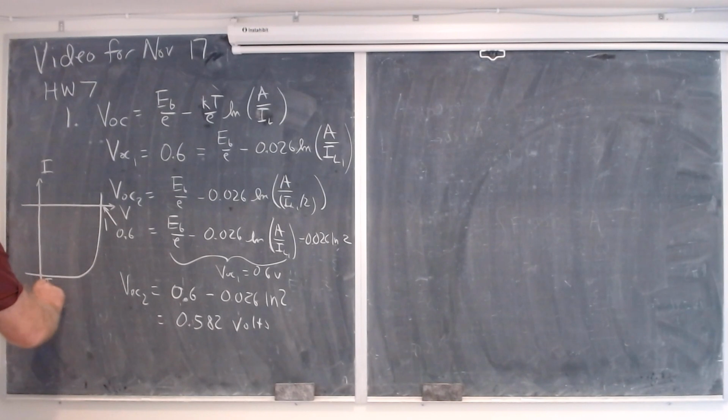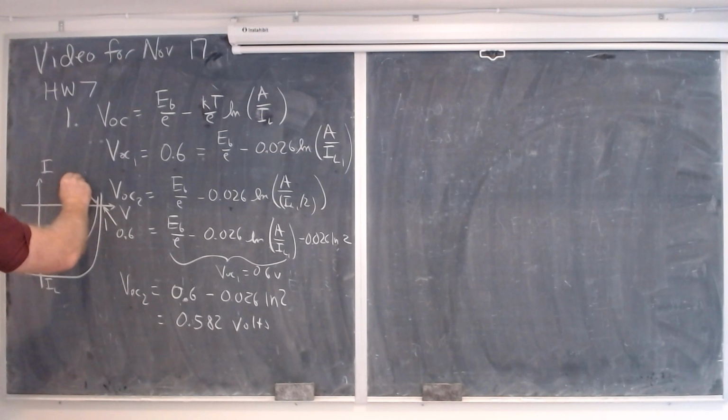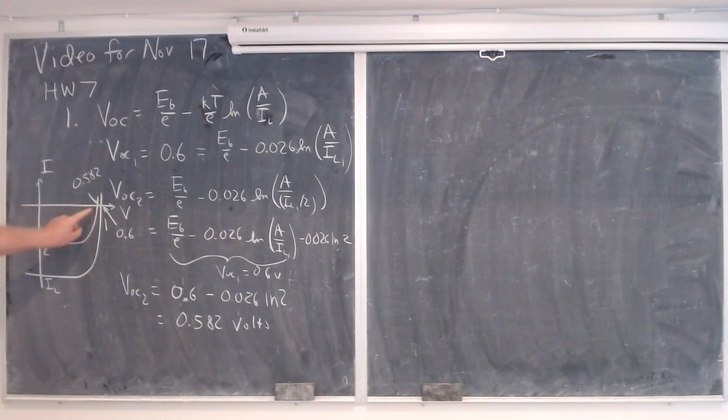This is IL here, so if this is 1, 2 is half. IL goes down by half, and VOC doesn't change much at all. As you reduce light level, the current you get goes down proportionally, but the voltage goes down basically as the logarithm. And as you continue to go down, the curves do something like this.